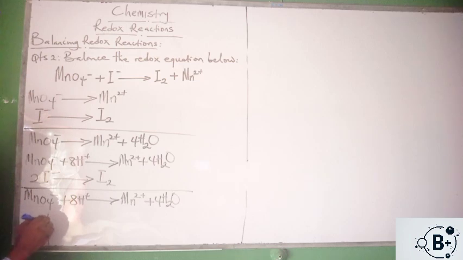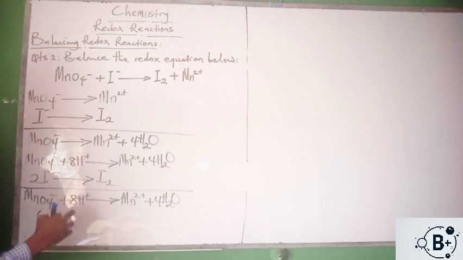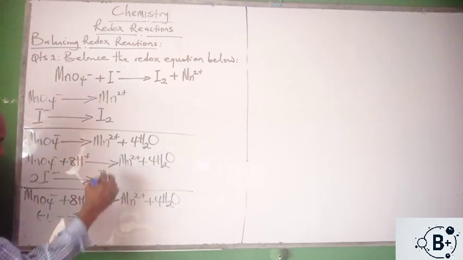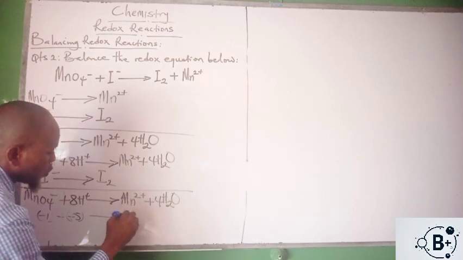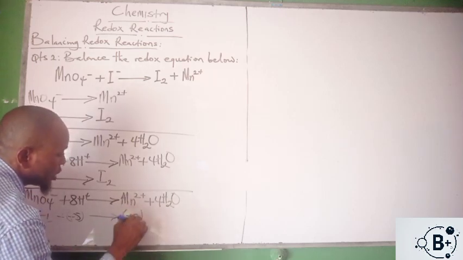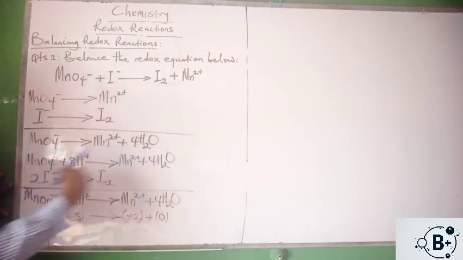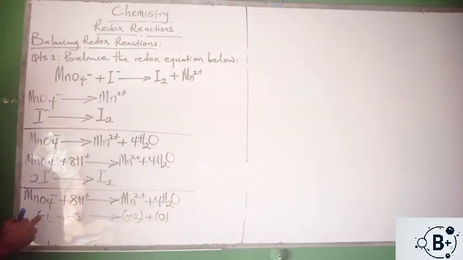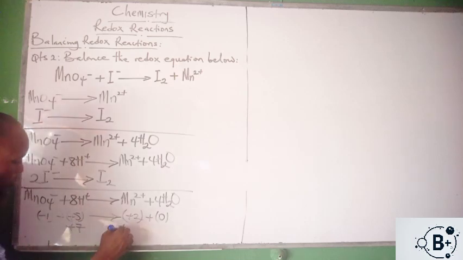We have minus 1, then plus 8 on the hydrogen ions, 8 times plus, so that is plus 8. So this side, minus 1 plus 8 is plus 7. On the other side, we have 2 plus here, then on water we have 0, we don't have any charge on it. So this side is plus 2.